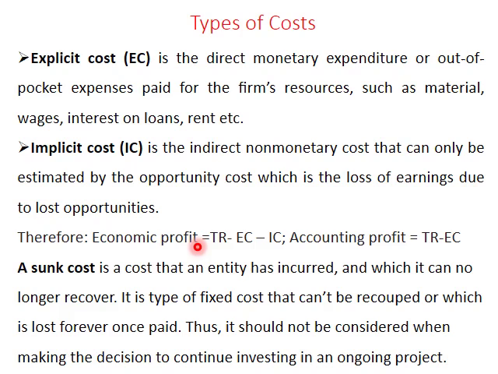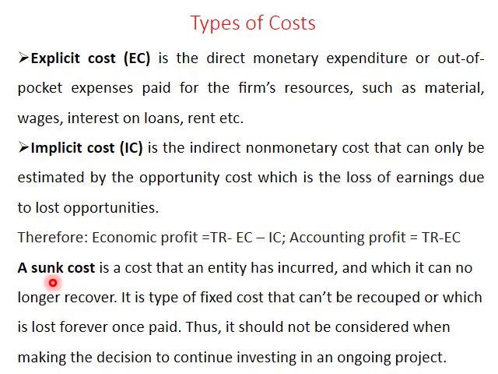Therefore, economic profit is equal to total revenue minus both implicit and explicit costs, whereas accounting profit only considers explicit costs. So accounting profit equals total revenue minus explicit cost. We can generalize that accounting profit exceeds economic profit, because accounting profit will not consider the implicit cost, which is not revealed in the receipt.